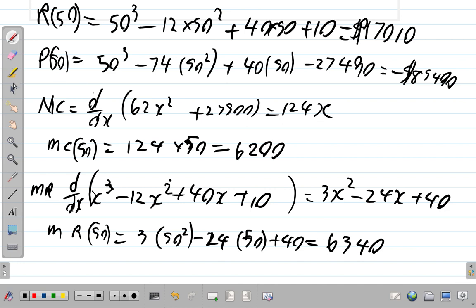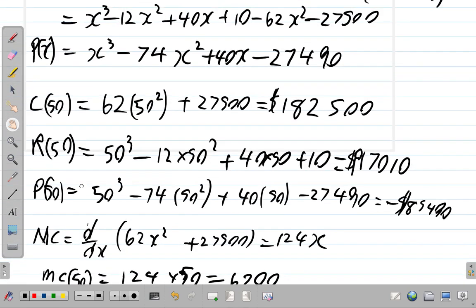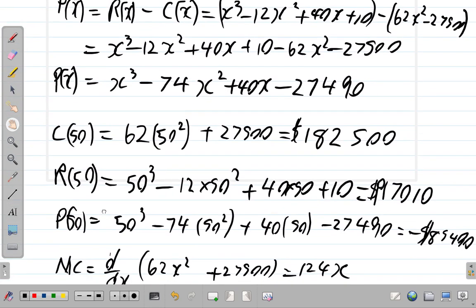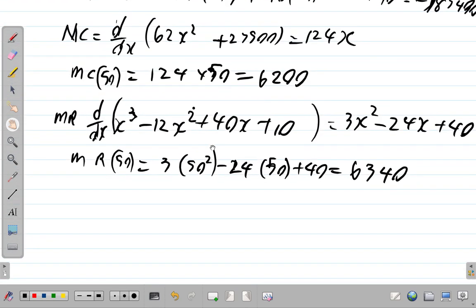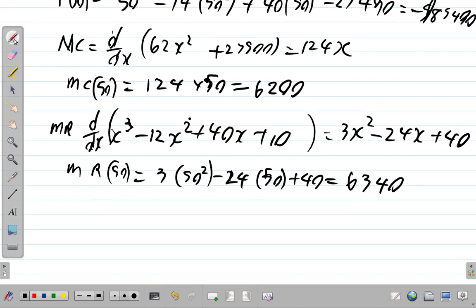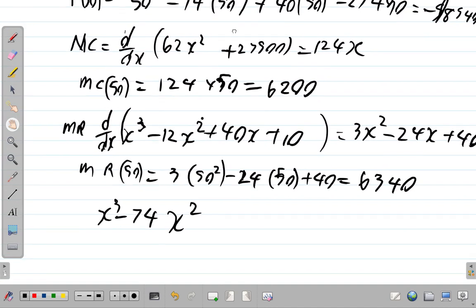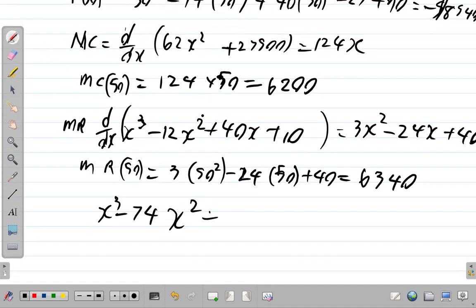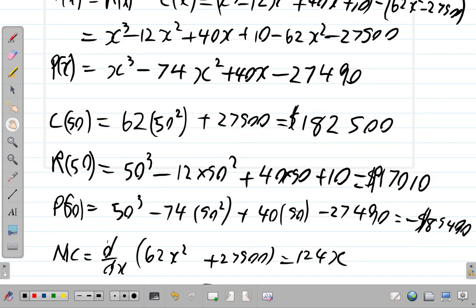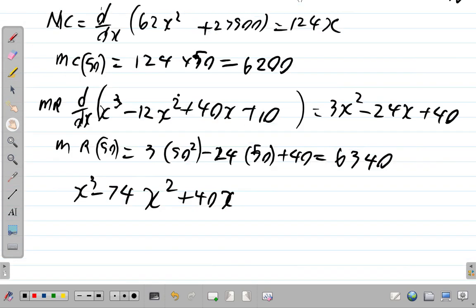Marginal profit, what would that be? Total profit was x cubed minus 74x squared plus 40x minus 27,490.